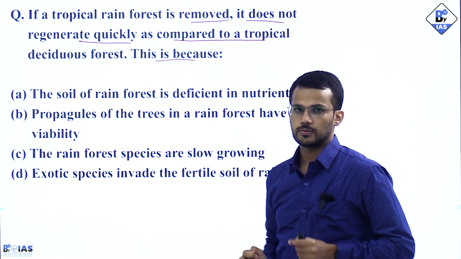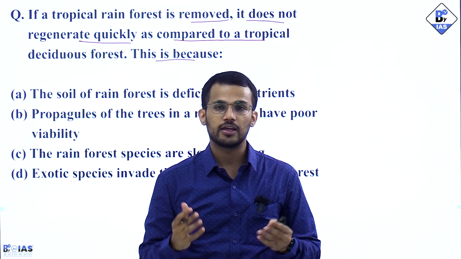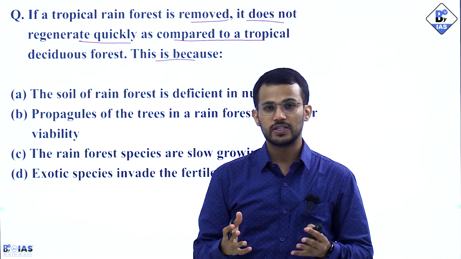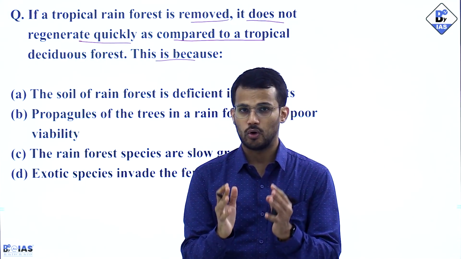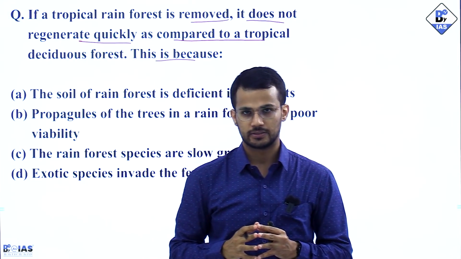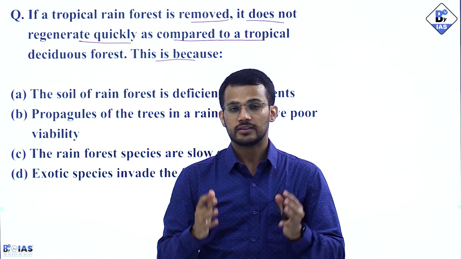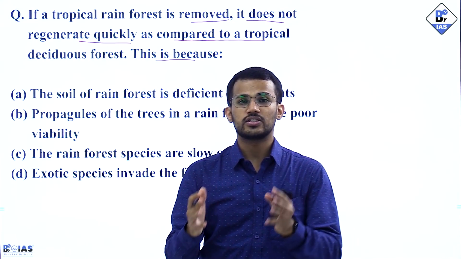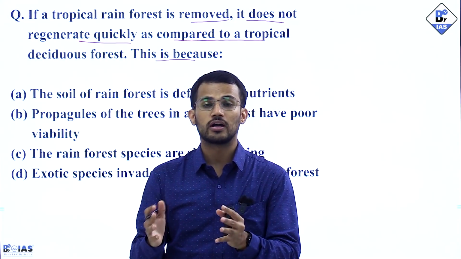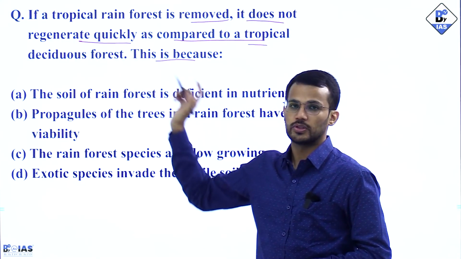This is because... what condition has been given? This is a hypothetical condition given by UPSC. They are saying that if, for some reason, the tropical rainforest which occurs in the equatorial belt is removed, then its regeneration will take longer compared to a tropical deciduous forest. Why?